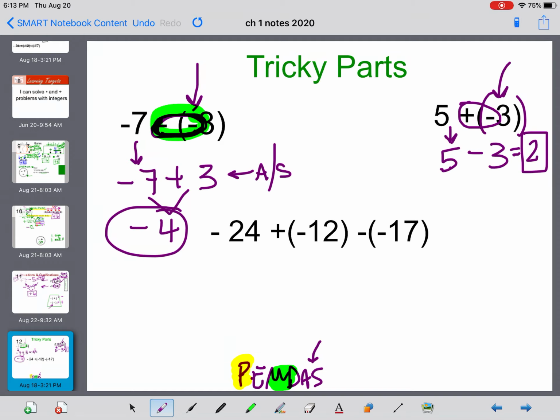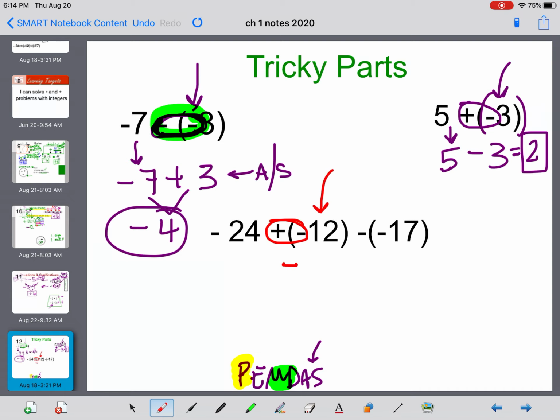Okay. Well, what happens if I have lots of parentheses and double signs happening, right? Well, I just work left to right, okay? I find my first set of parentheses, just like when I'm reading a book. We usually work left to right. I find my first set of parentheses. And what do I notice? It has a double sign. I use my rule of multiplication in order to get rid of that double sign, because that's confusing.